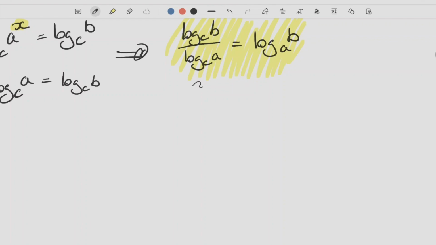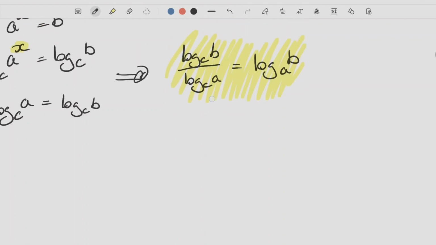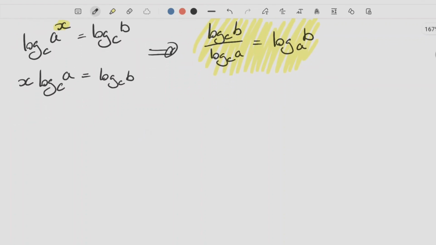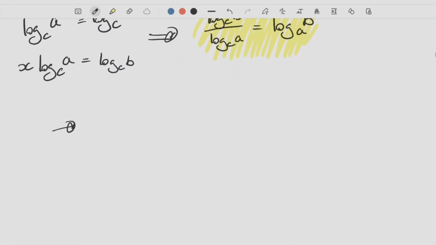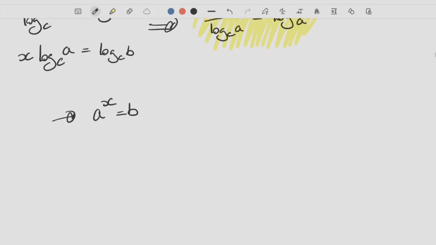So what is this ratio really trying to say? We can look into this by considering it from the power exponent side. So we said let a to the x equal b. Cool. Now let c to the power of y equal a.